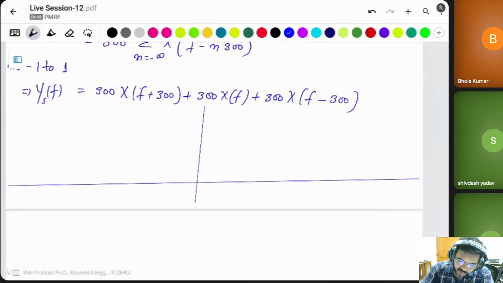Okay, what is your original signal? Our original signal is this one, this frequency, minus of 200 to plus of 200. Okay, Fs, your Fs is here.